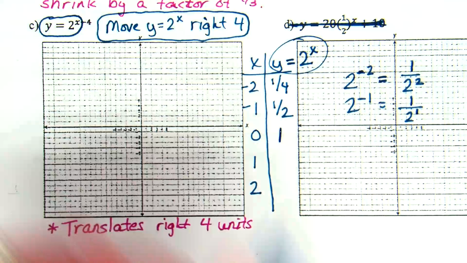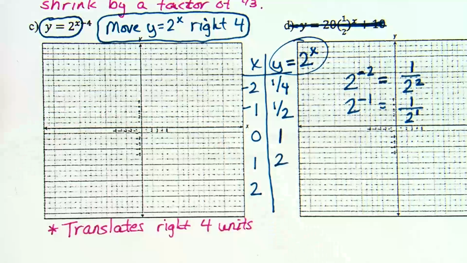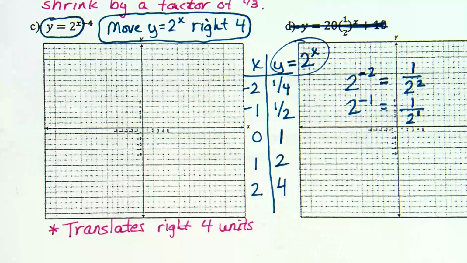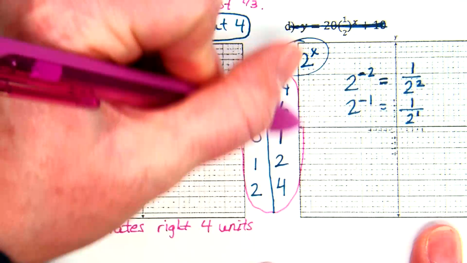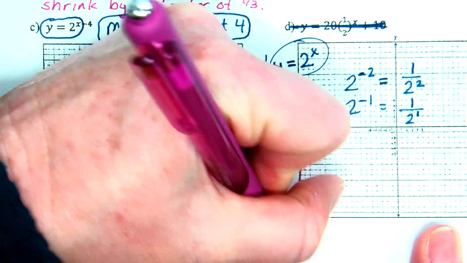What is 2 to the 1st? 2. What is 2 to the 2nd? 4. So my recommendation is you graph these dots, and then after you graph these dots, we're going to take these dots and do what with them? Move them right 4.